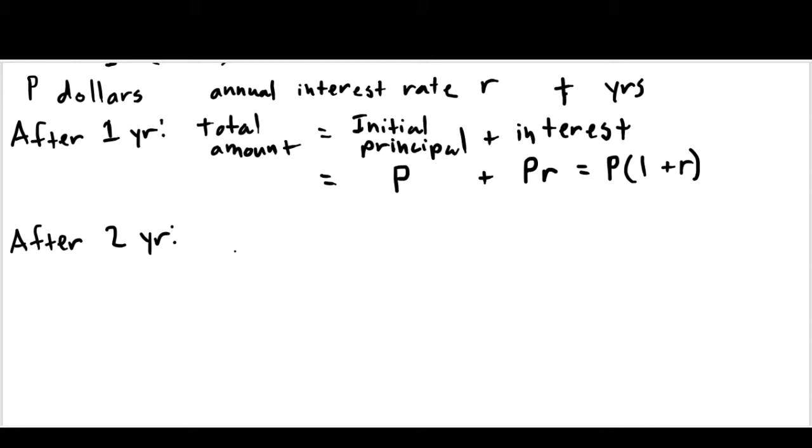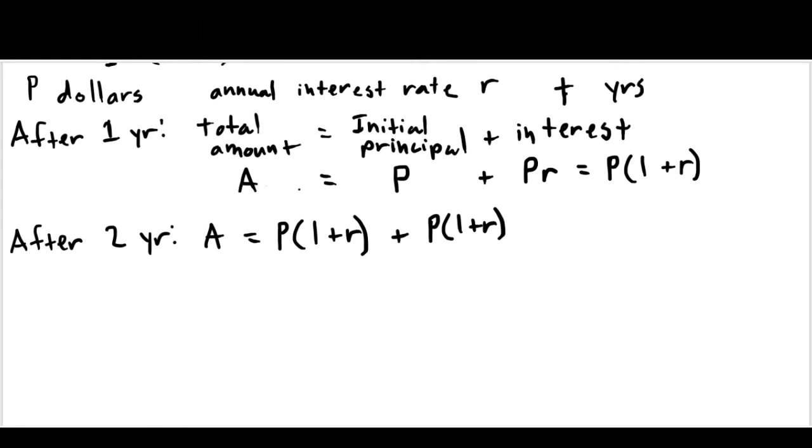But after 2 years, we would say that the amount, which I'm just going to call A, is equal to the amount after the first year, which was P times 1 plus R. And then we invoke the simple interest formula again, but the principal now is this amount, P times 1 plus R. Remember, the simple interest formula is P times R times T, where P is the amount of money in the account.